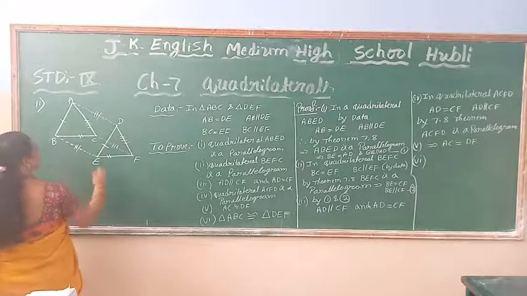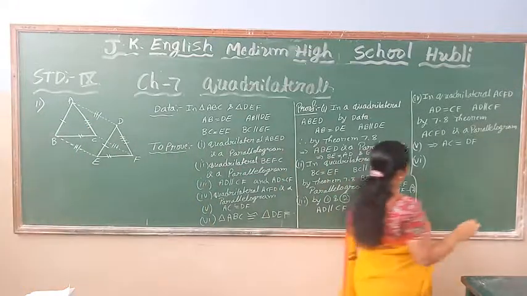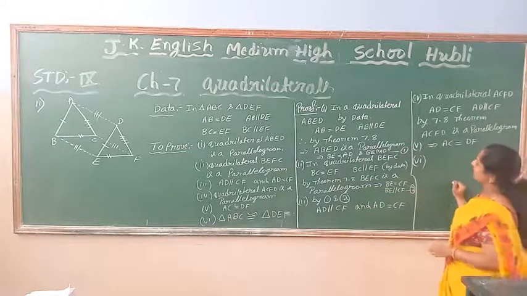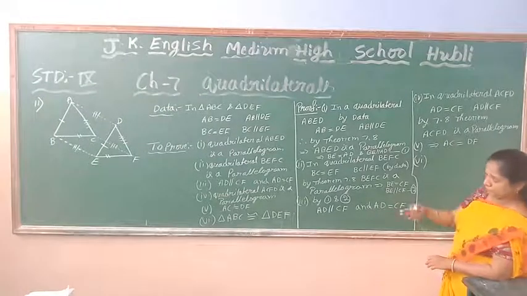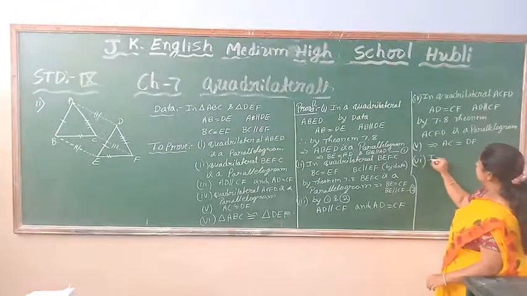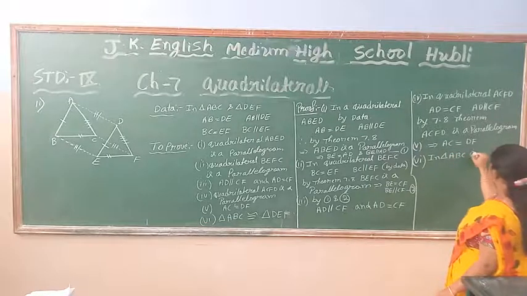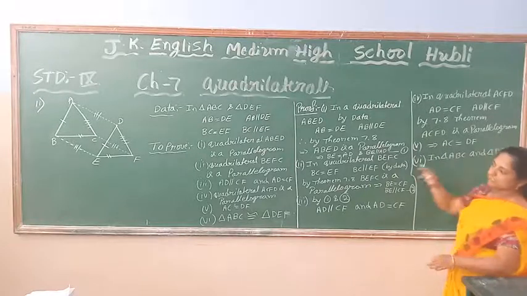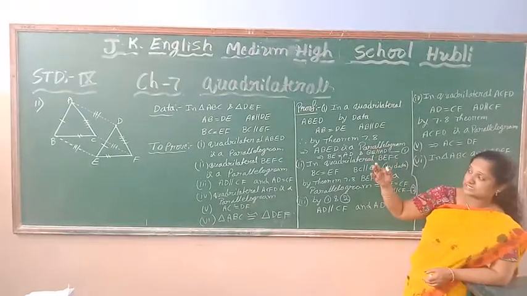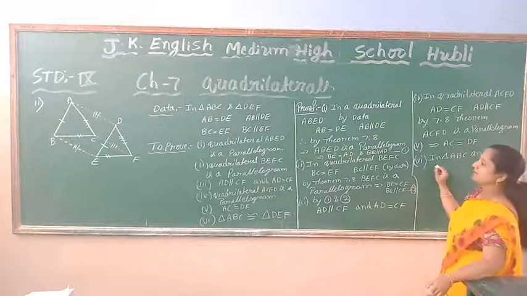In the sixth proof, I consider triangle ABC and triangle DEF. Observe I marked which sides are equal and parallel. Now you compare those two triangles, then corresponding sides are equal.